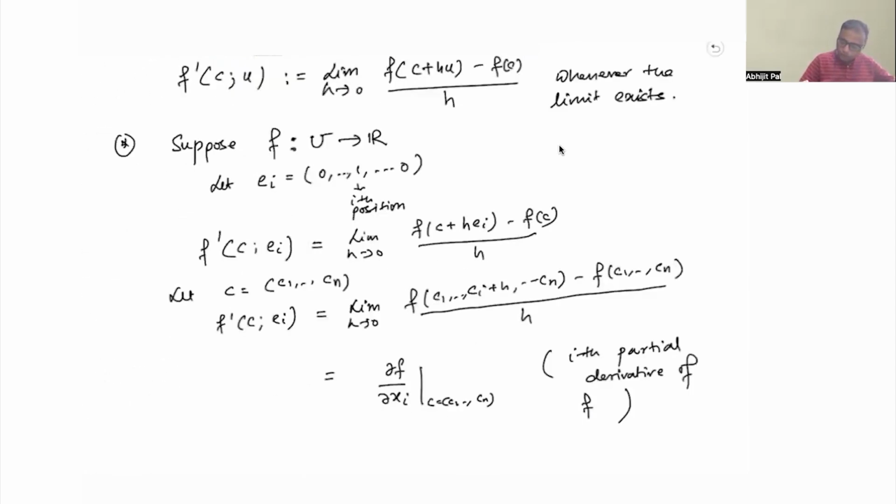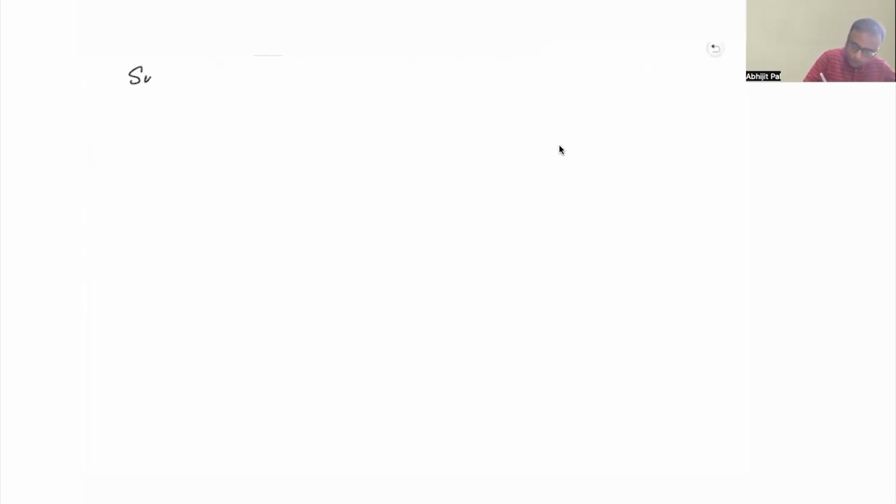Okay, so now suppose f is a vector valued function. It is a function from U to R^m.